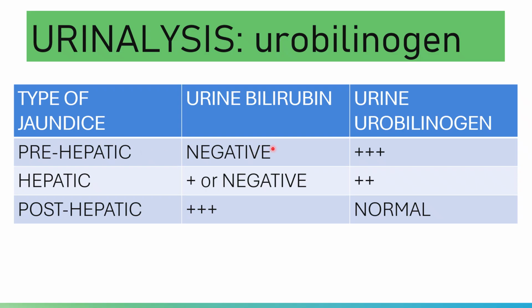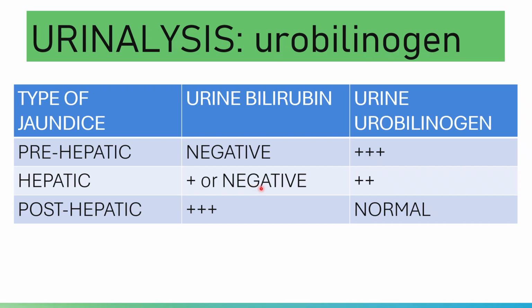Urine bilirubin is negative or absent. While urine urobilinogen is increased, accordingly. Okay, and then hepatic, like liver damage, hepatitis. Please note that urine bilirubin is increased accordingly.